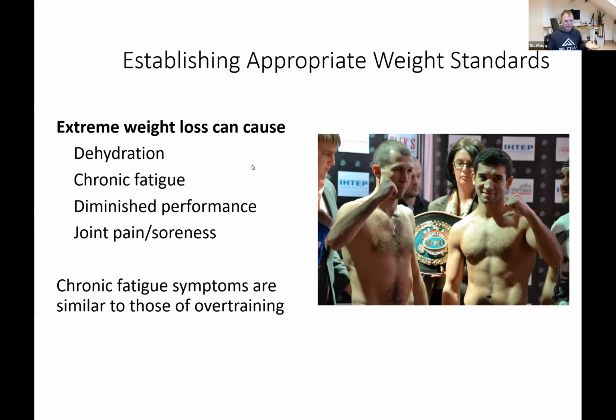And so extreme weight loss can cause, obviously, these are things you're probably familiar with: dehydration, chronic fatigue, diminished performance, soreness. And so it's almost like overtraining, where you're doing too much work, except you're cutting back so severely that your body thinks that it's depleted, and it is depleted of nutrients, of fluid, of all the things, and it can just lead to poor performance. So just know that does happen in sport.